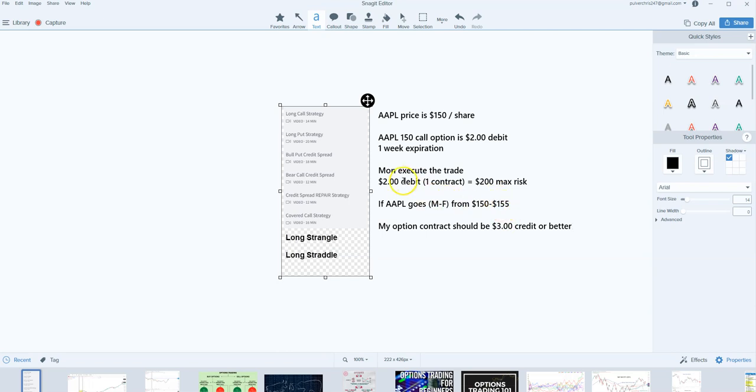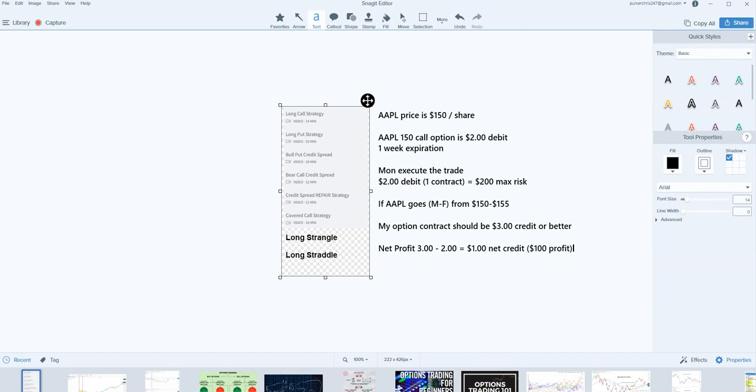So if I paid $2 and by Friday near closing bell it's trading for $3, what's my net profit? My net profit would be the $3 value of the option contract minus the $2 debit. It's a $1 credit. And I'll put net credit, right? And so that's going to be $100 profit.